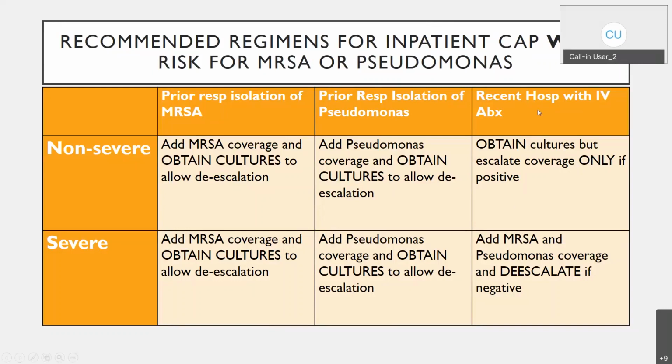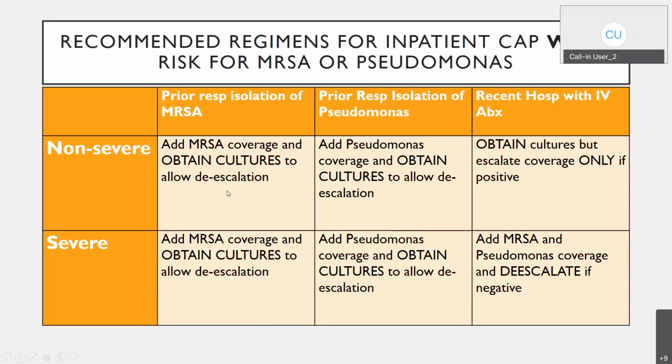If they only have a risk factor for having a resistant pathogen, like they've been in the hospital but they've never had it isolated, then you'll get the cultures in non-severe pneumonia but only escalate if you isolate something. We always want to try to use the narrowest antibiotics possible in the beginning while minimizing the risk that we're not going to cover something that could be there.